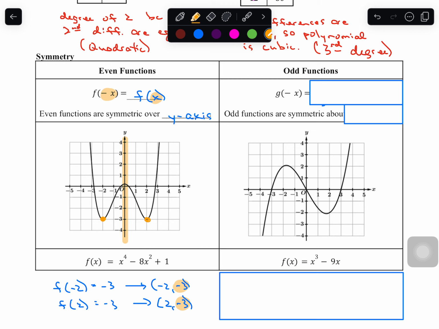Now, that's even functions. If it's not even, it can be odd. If it's an odd function, you would think it would make sense to be symmetrical over the x-axis. But for this example, it absolutely is not. Because if I look at that point around negative, well, let's do -2 and 2, I do not have a point at (-2, -2). So absolutely not symmetrical over the x-axis.